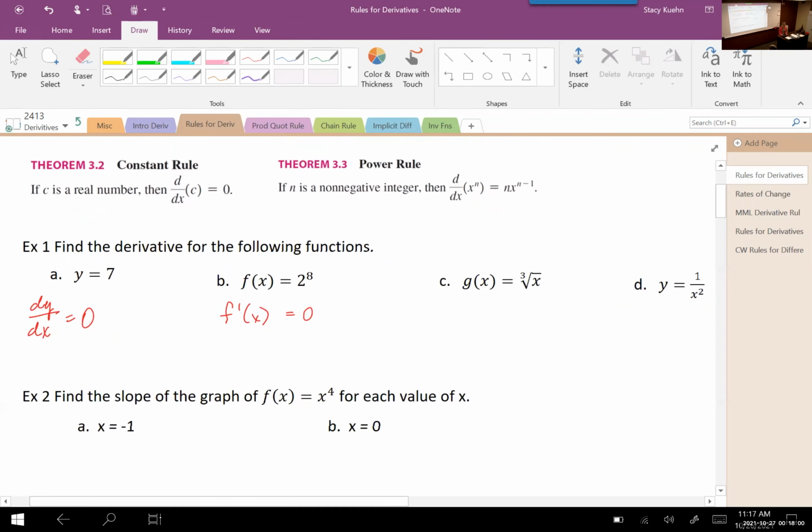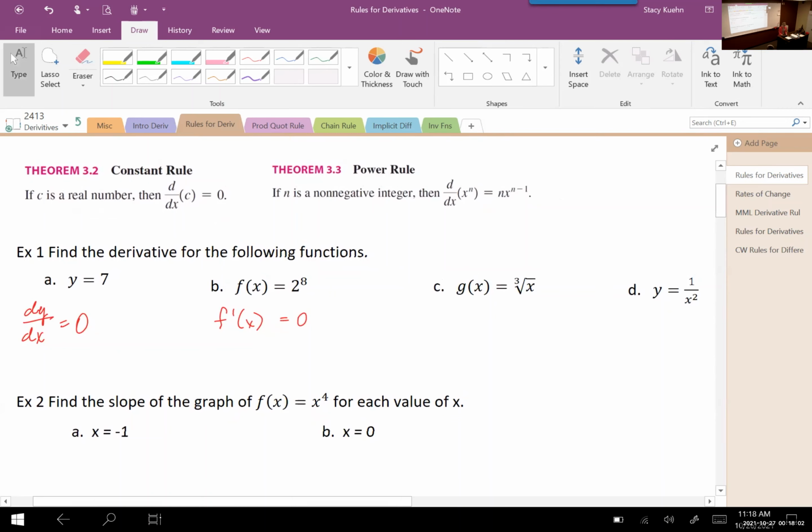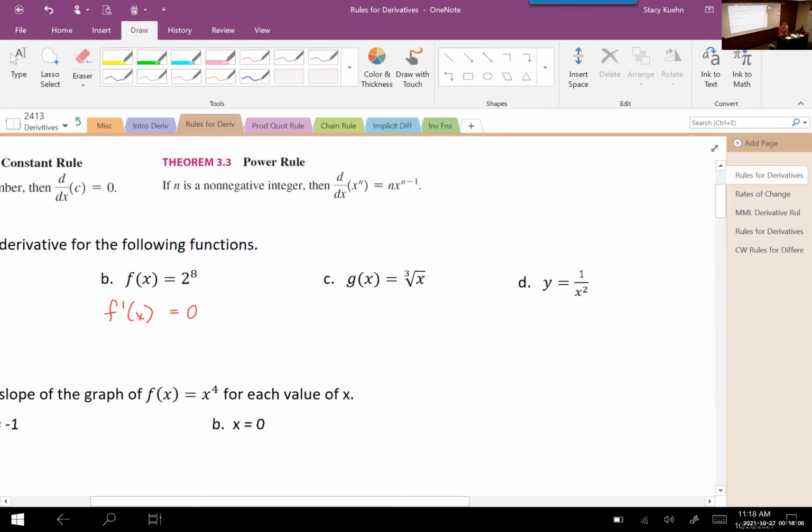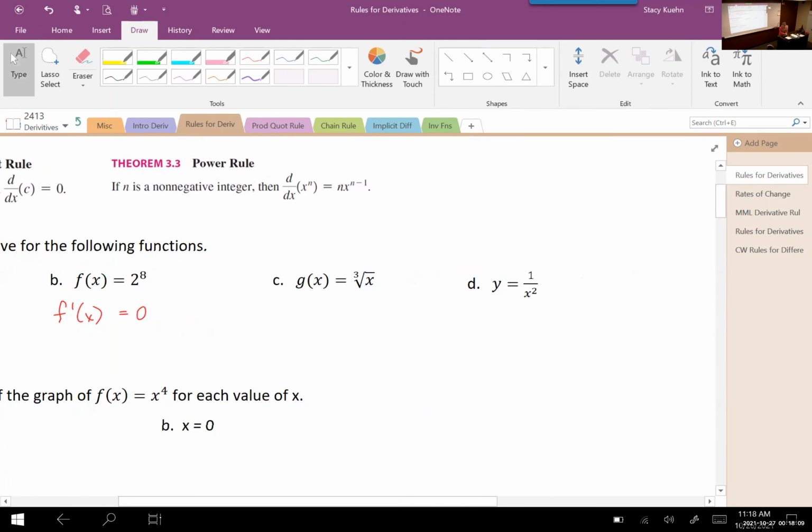I'm ready to get into some variables here. So let's look at, those are the two constants. Let's look at these over here. g of x. If I wanted to know what the derivative of g of x is, let's first rewrite g in rational form. So I'm going to rewrite this as x to the 1/3.